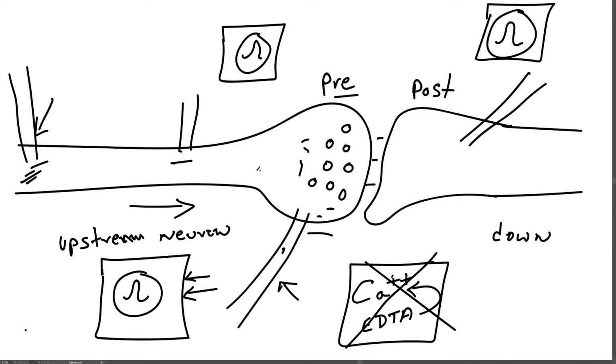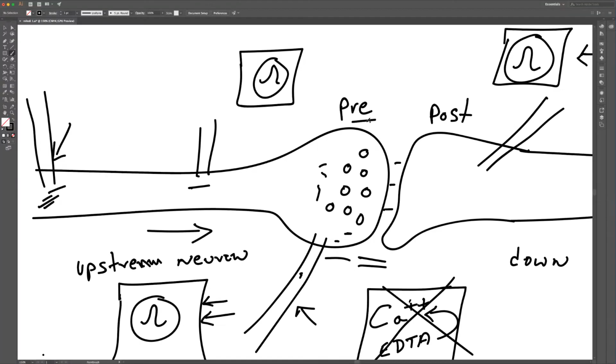It still propagates an electrical action potential, even in the absence of calcium. But now you don't detect a postsynaptic response. That is, you don't see an action potential in the downstream neuron. So somehow calcium is required for the release of the neurotransmitter and its detection by the downstream neuron.